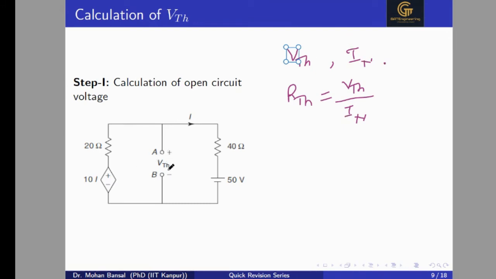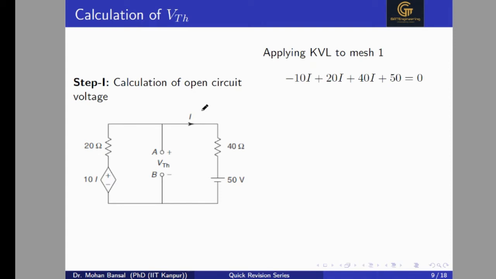So this is the VTH, because we have to compute the VTH across these two terminals. RL is removed from these terminals and we are going to compute the VTH. If we apply the KVL in this mesh, we will get one equation and we get the value of I, because here we have only one variable I, since the current I is flowing in the entire mesh and this is the open circuit.